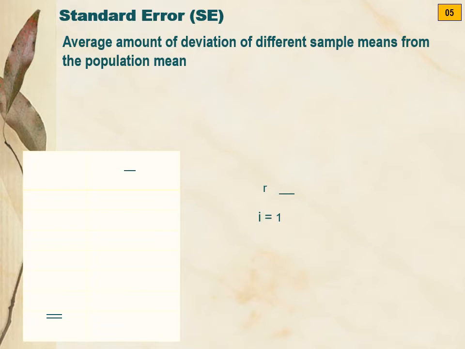That means the error component in that mean, which has been obtained from a higher sample size, will be less.